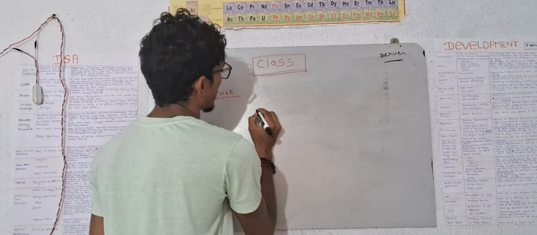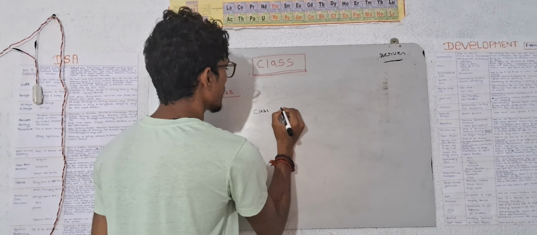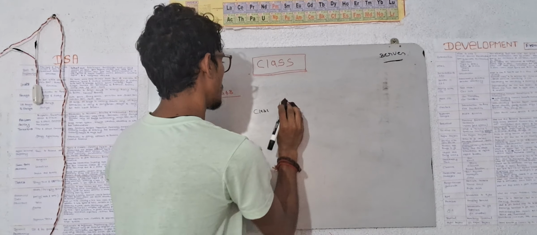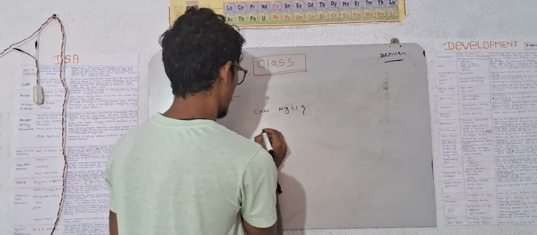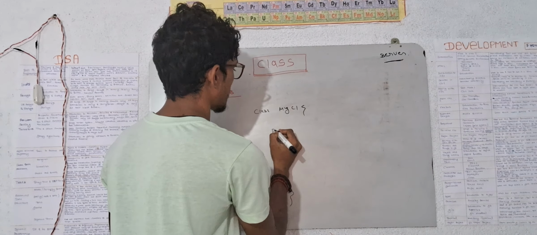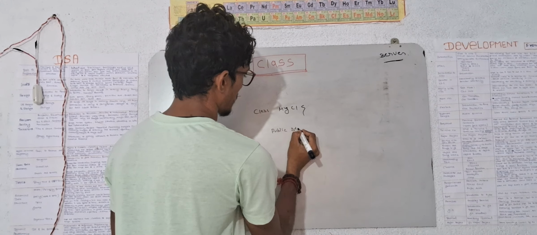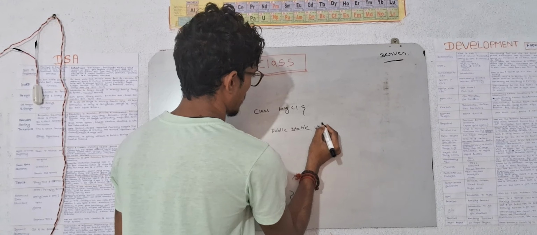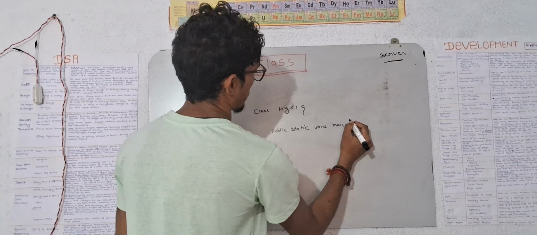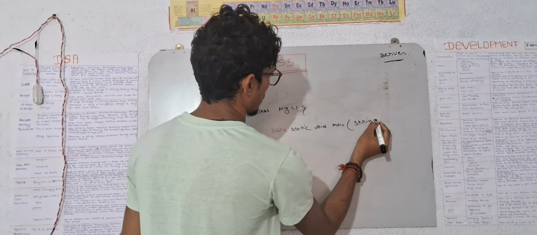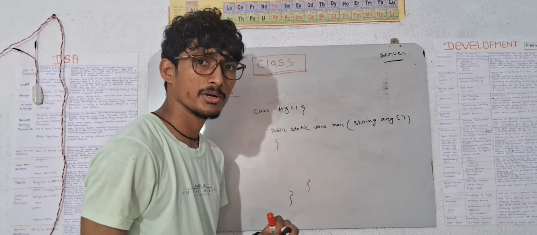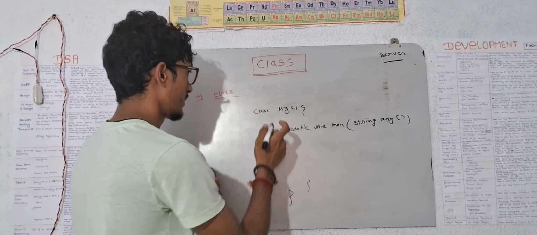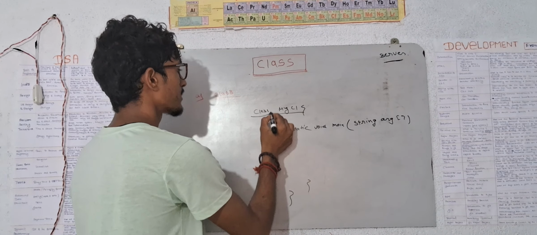So we will write class and your class name, for example MyClass, and here your main function. This is your basic program. So for declaring a class, we need to write this keyword.